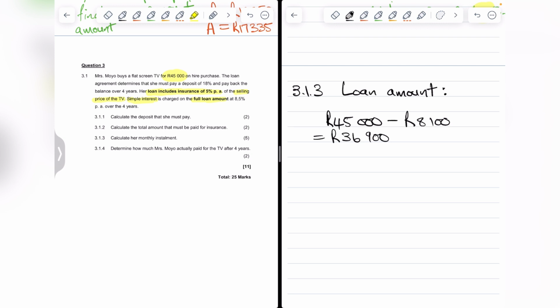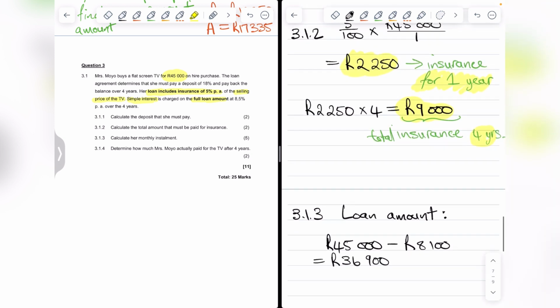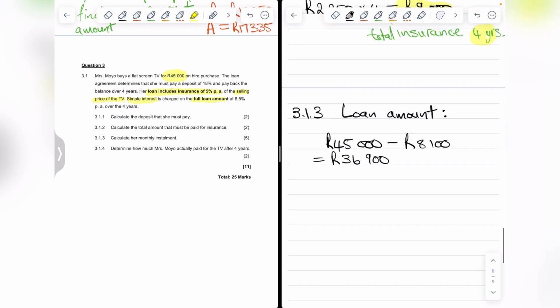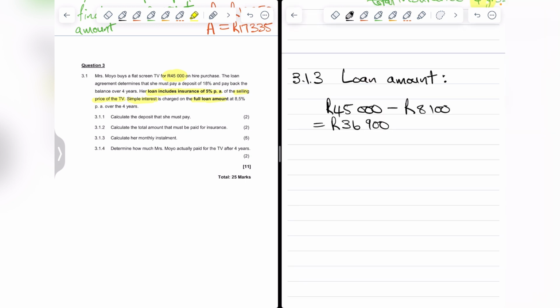The full loan amount is the 36,900 Rand plus the 9,000 Rand insurance, because we are going to pay back the insurance as part of the loan over the 4 years. So simple interest will be charged over the loan amount, where we need to add the total insurance.